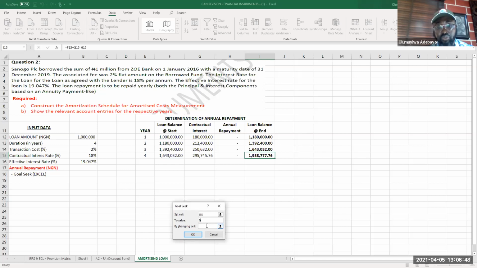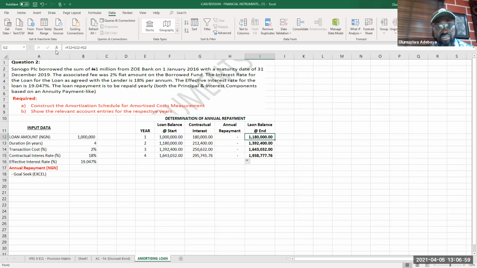What will influence it is the annual payment I'm to make. You get what I'm saying now? I've written this formula so that I subtract this. Therefore I don't need to put a minus sign here again, otherwise it will be a double minus sign, which will turn to positive.